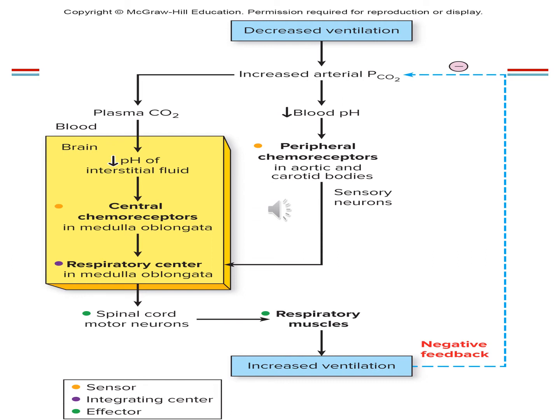If we go farther below that level, we need to produce the same circuit again, informing the central nervous system that the levels of carbon dioxide decreased too much and we need to decrease the ventilation.